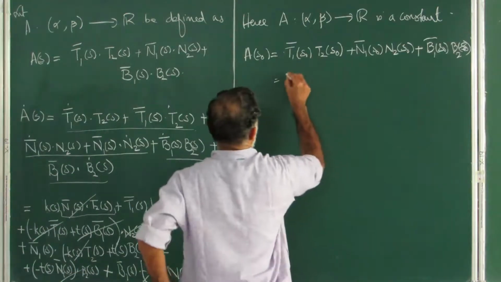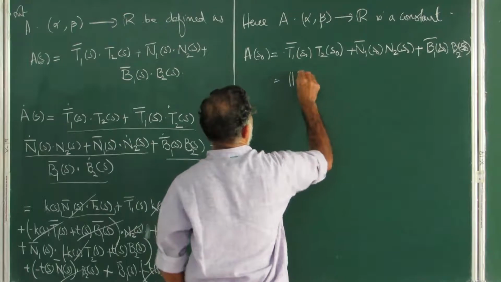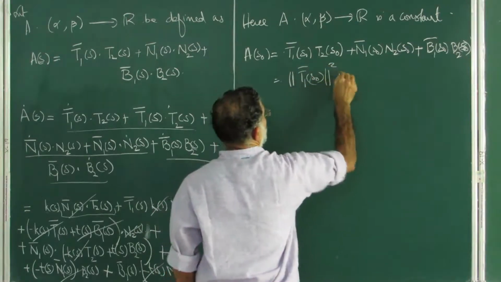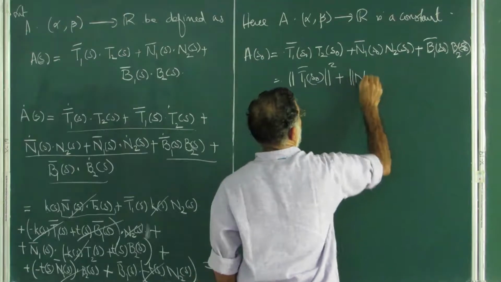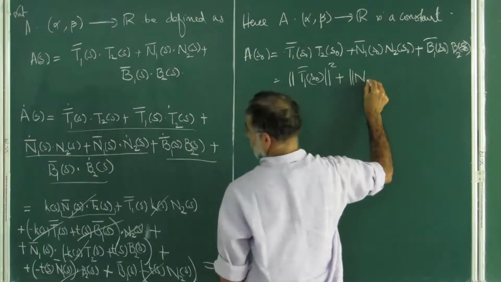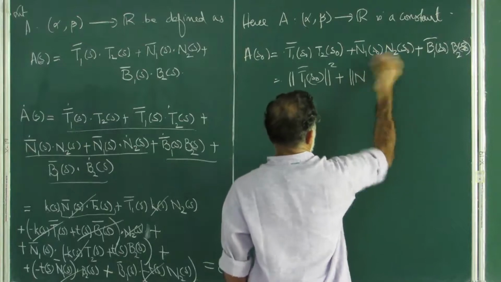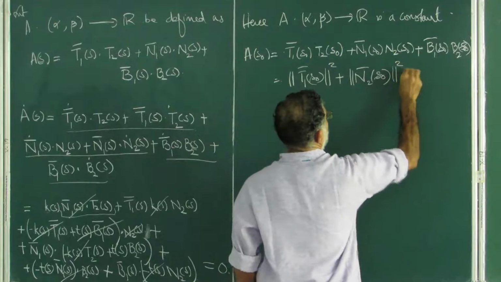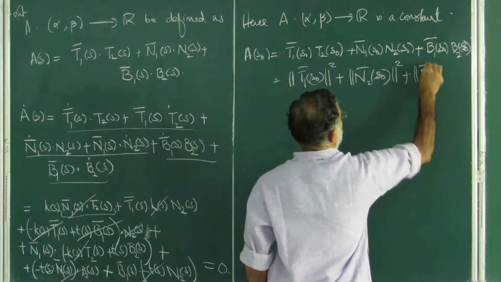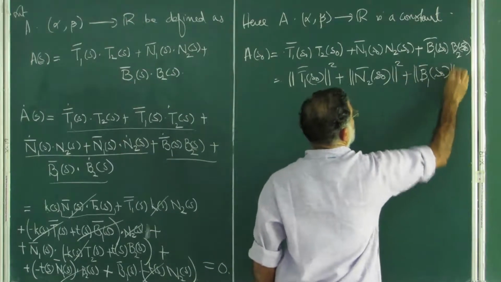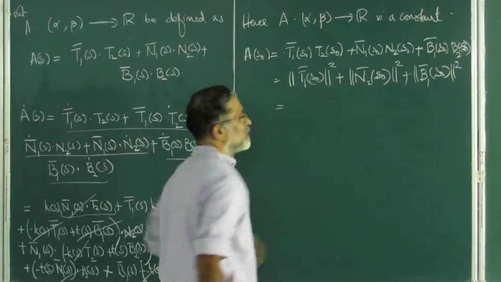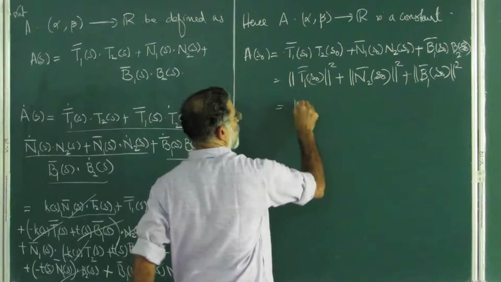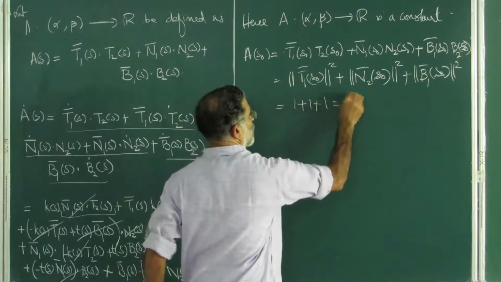So these are same as norm of T1 bar S naught square plus norm of N1 bar, whichever way, one of them you can write, it doesn't matter because they are same, at S naught plus B1 bar S naught square. But these are all normal vectors, orthonormality, so this is equal to 1 plus 1 plus 1, and that's equal to 3.